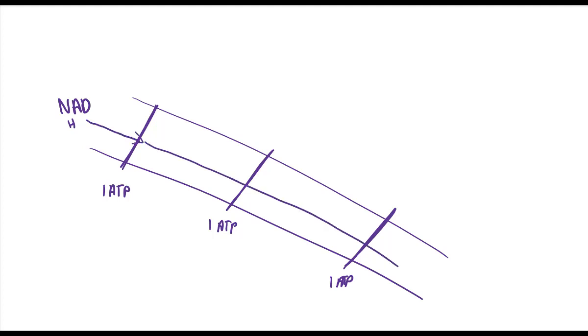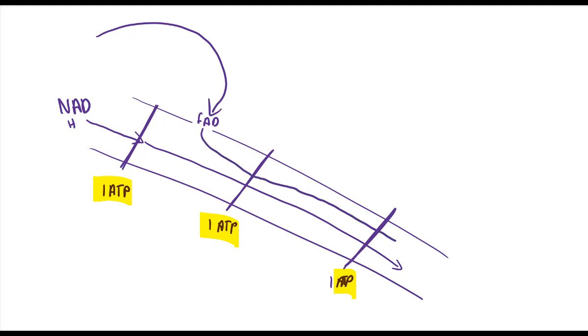As it goes along, it passes 3 toll bridges, so it has to pay 1, 2, 3 ATPs altogether. Whereas FAD is a bit sneaky. It's decided to avoid the first toll bridge and just come in here. So because the FAD enters there, it only has to pay 1, 2 ATPs. So altogether, each NAD will lead to the production of 3 ATP molecules, and each FAD will lead to the production of 2 ATP molecules.